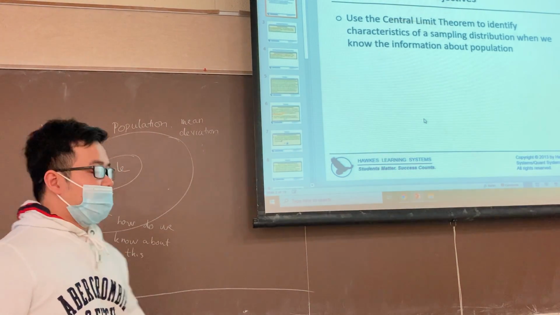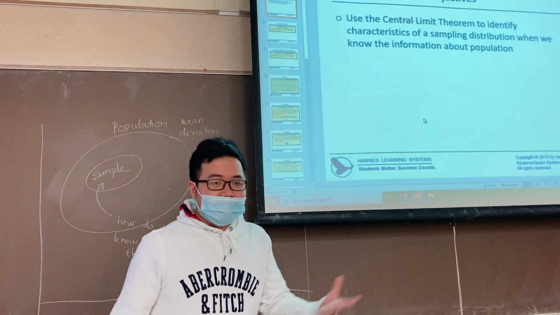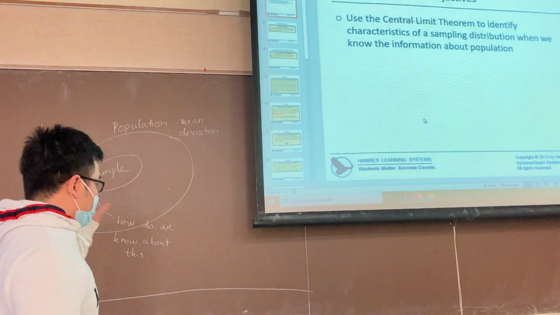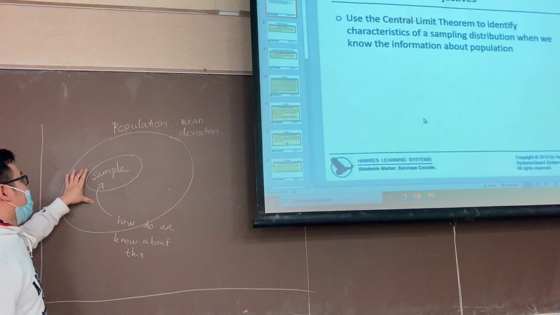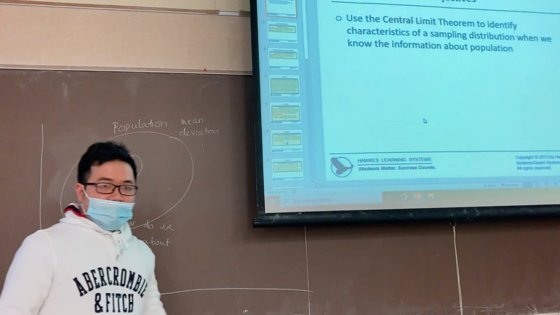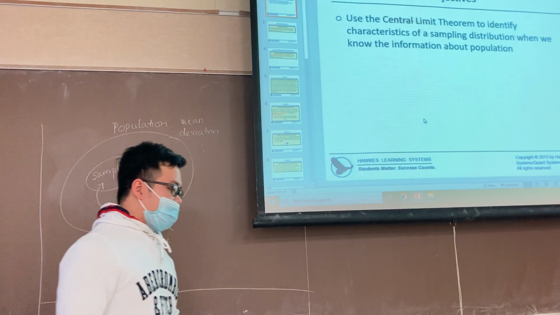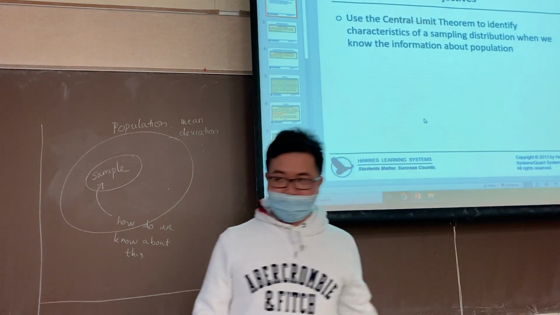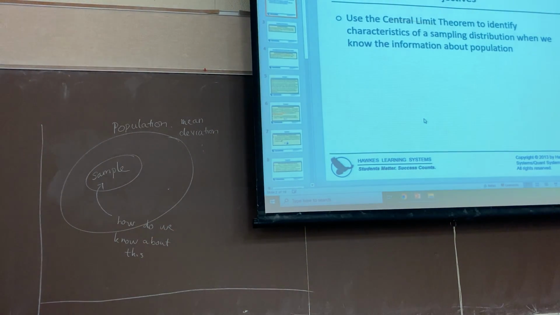What about the deviation of the sample and the population? Today we will solve this problem. If we know the information about the population, we will know the characteristics of the sample. That is the goal of this chapter. Clear, right? That is just the introduction.